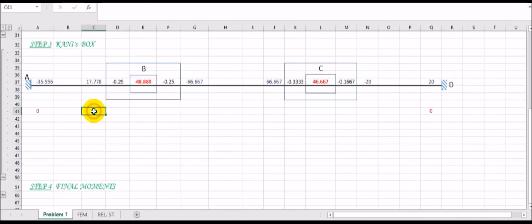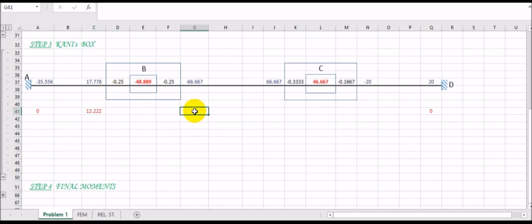Okay, so now we'll start filling the values here in Excel, which is equal to my summation moment plus the latest iteration value of left support plus the latest iteration value of right support, which is currently 0, into my rotation factor of BA.